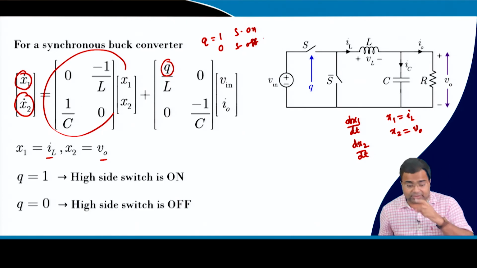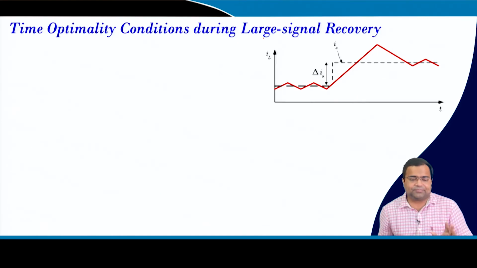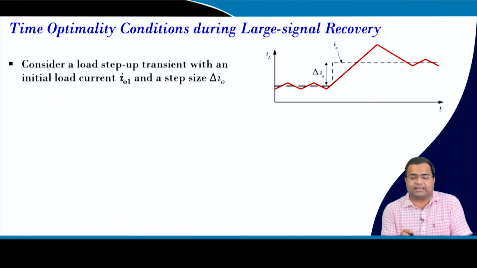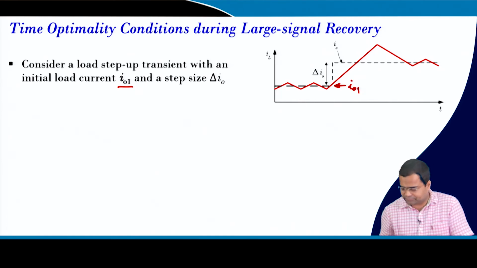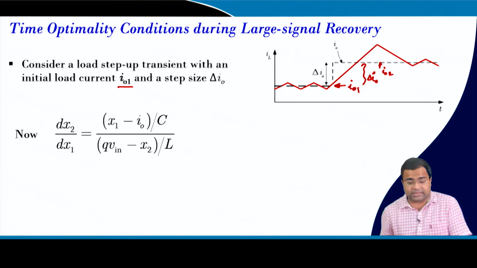The high side is high and low is low, and the derivation is also given in this paper, so you can get it in detail. Next, the time optimal recovery starts with the I01 load step that we have discussed. This is our I01, and then it goes to the next value I02, and the difference is the delta I0 step.